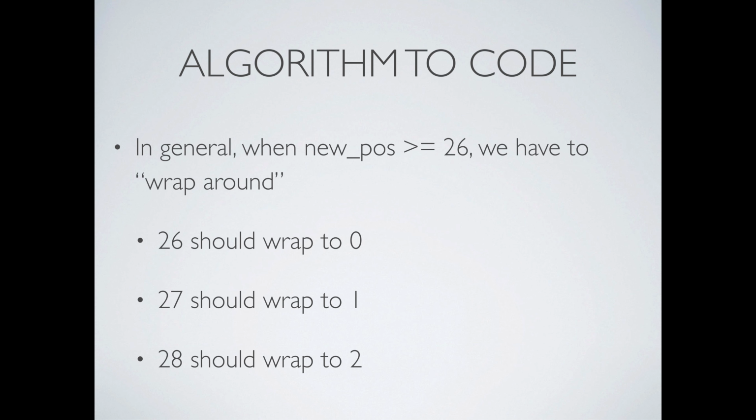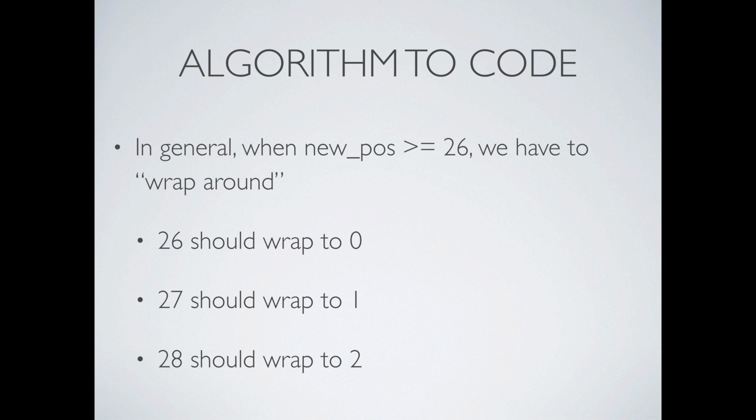To help us figure it out, I've written out a couple of cases where we do need a wraparound. For example, when the new position that we get is greater than or equal to 26, because we already talked about how that last position in the alphabet, the character Z, is at position 25. So if we get anything higher than 25, we need to wrap back around to the beginning.